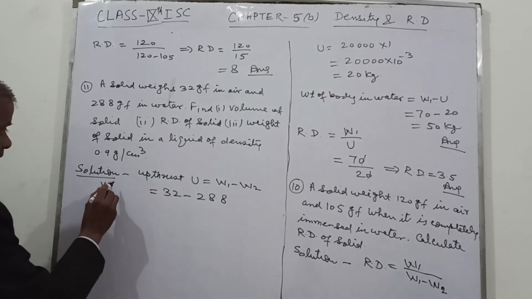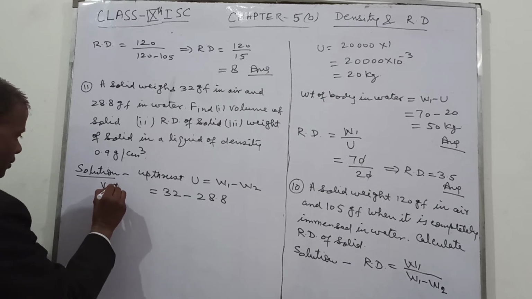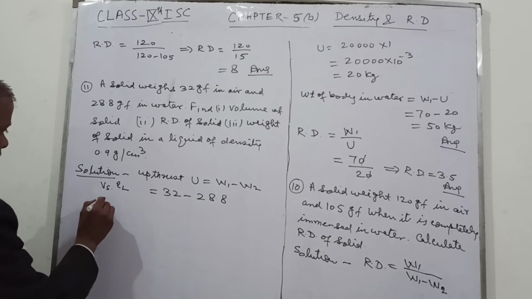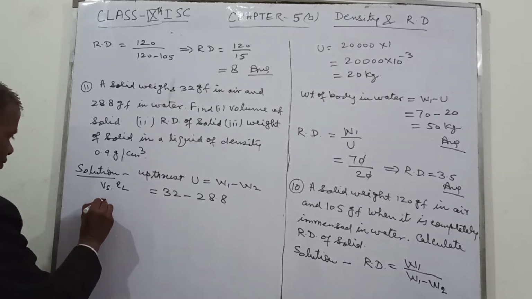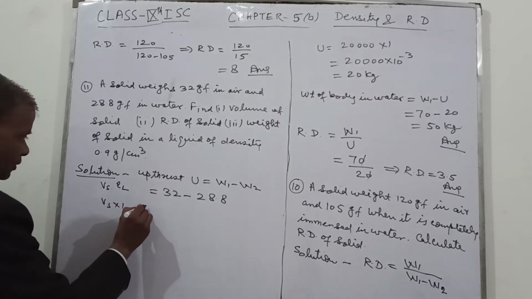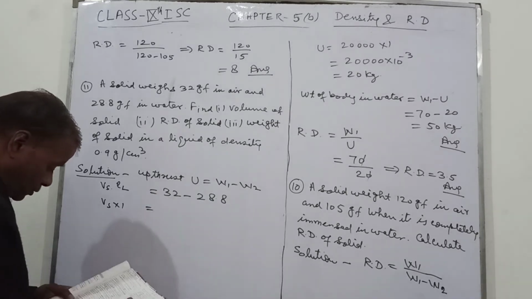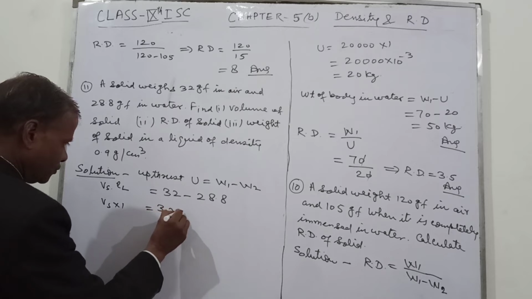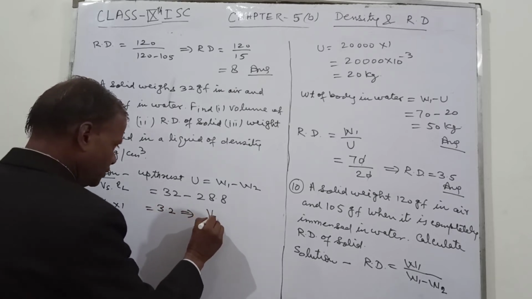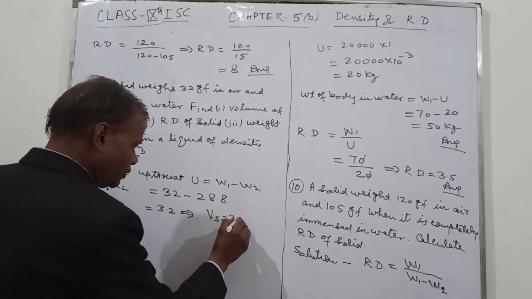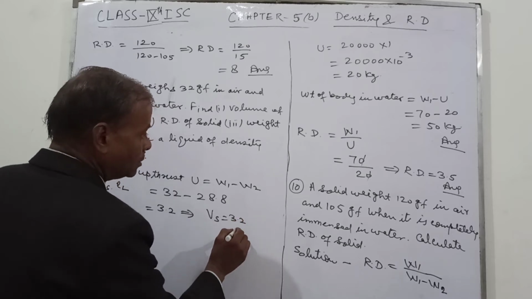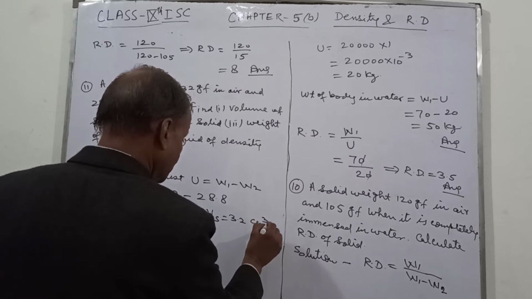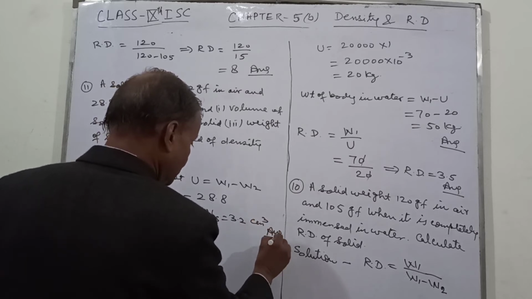Volume of the solid into the density of the liquid, and this Vs we have to find. This is now equal to 1 into Vs, and this will be 3.2. So Vs equal to 3.2 centimeter cube. This is now the first answer.